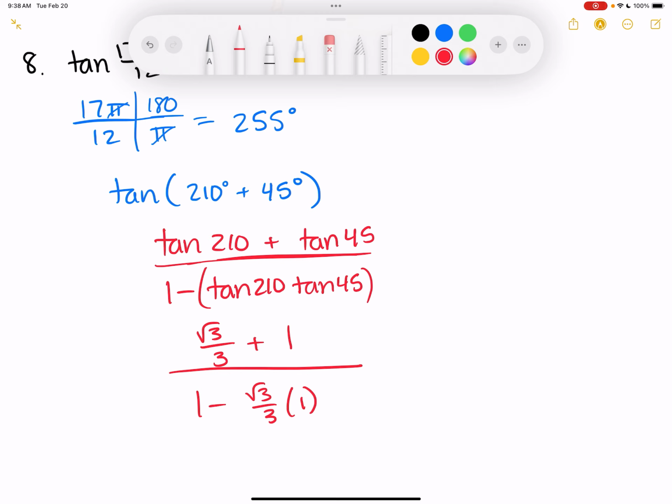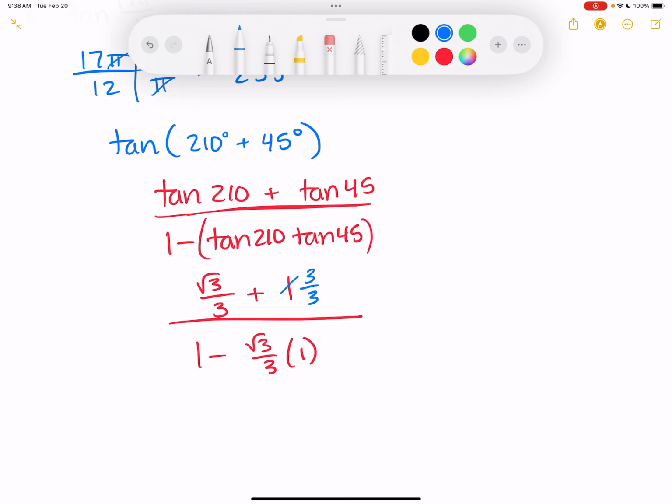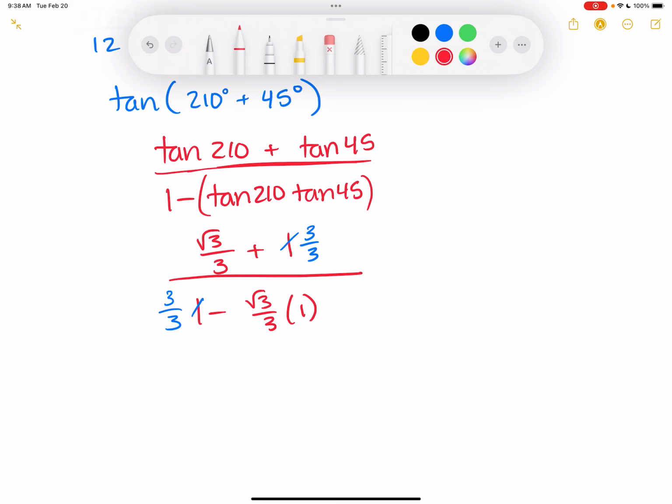Get a common denominator. So I'm going to change this 1 to be 3 over 3. And same thing down here on the bottom. So now on top I have 3 plus root 3 over 3, all over on the bottom, 3 minus root 3 over 3. Now what can I do?